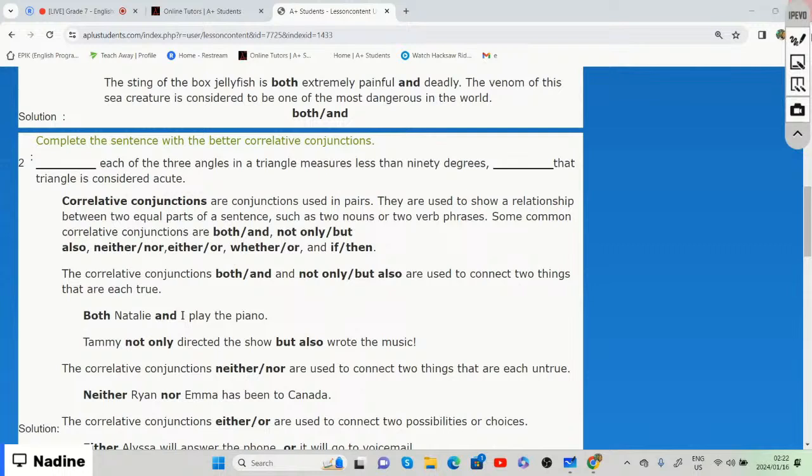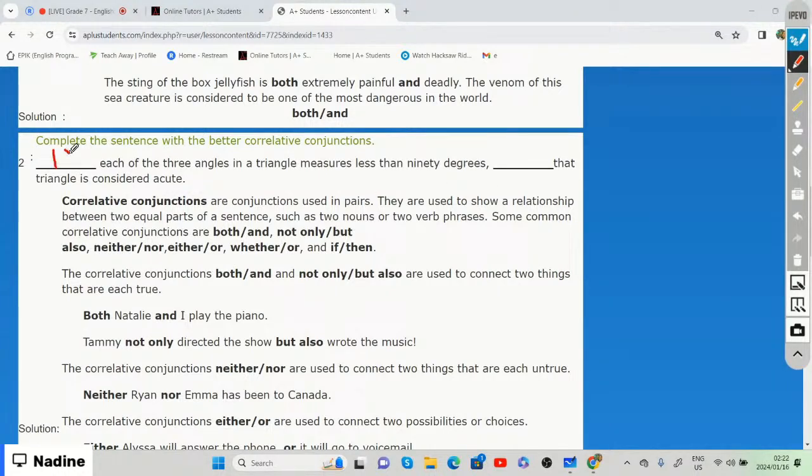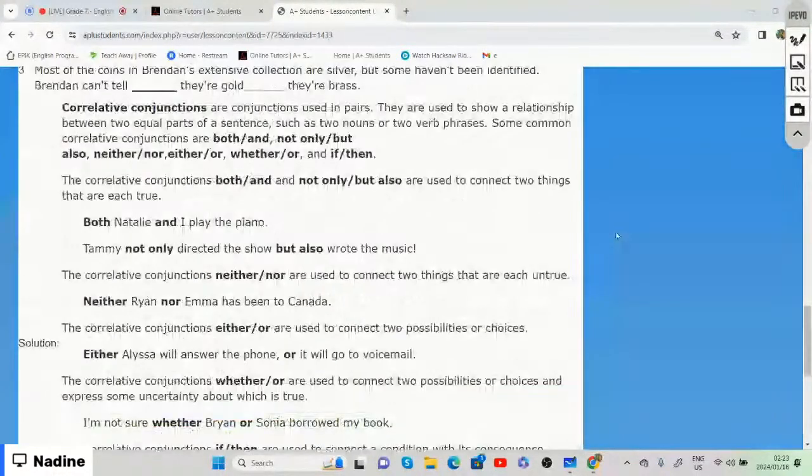If we choose the correct one, we will say: if each of the three angles in a triangle measures less than 90 degrees, then that triangle is considered acute. All right, so if and then.